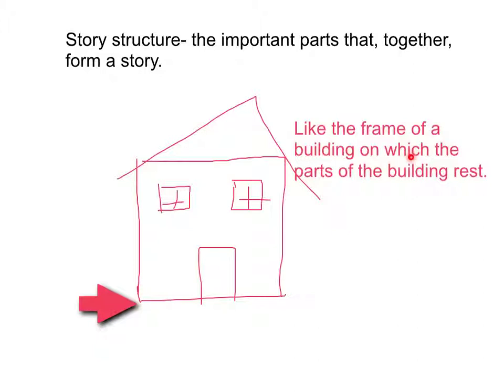If you talk to a builder, they will tell you that this is called the foundation. In our example, we've got to build all the story up in order to figure out what the story is about. So story structure is the important parts that together form a story.